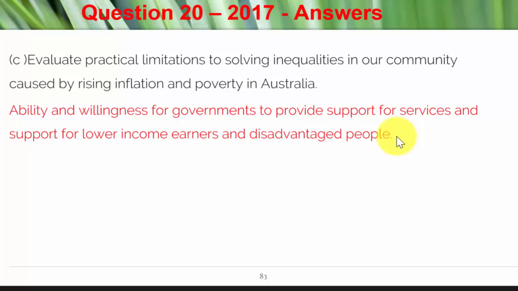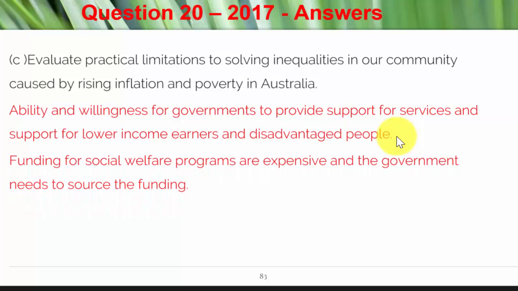You'd expect more sympathy from a socialist or social left-leaning government rather than a more right-of-centre government like the current coalition. That's not to say that they won't be willing and able, but these are more social-oriented policies, and therefore we expect the Labor Party to be more sympathetic for this.